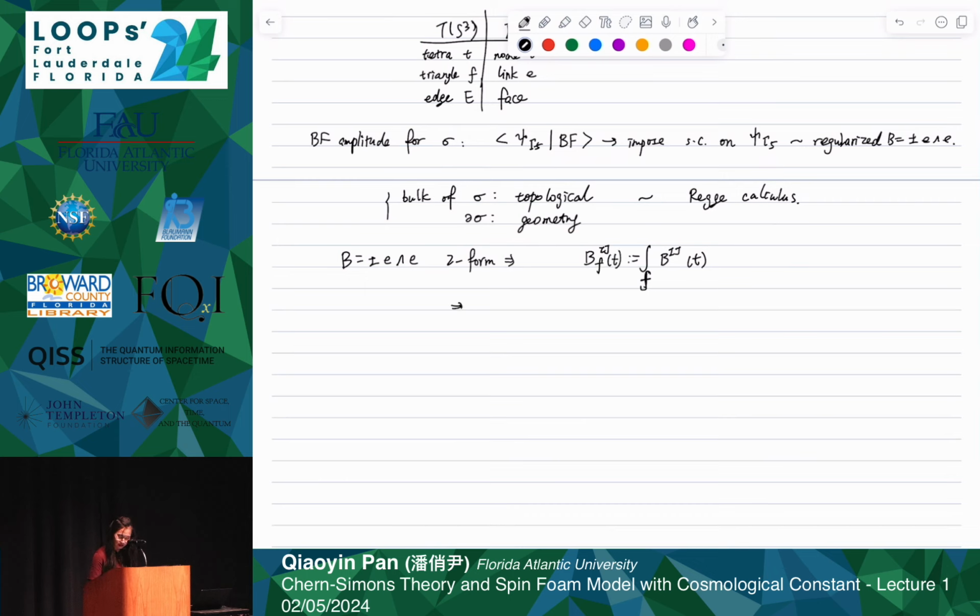Then we can discretize this simplicity constraint. The discretized simplicity constraint gives a relation between the discretized B field and the tetrad. And this E^I, E^J of T, they are in a Cartesian coordinate patch that covers the tetrahedron.